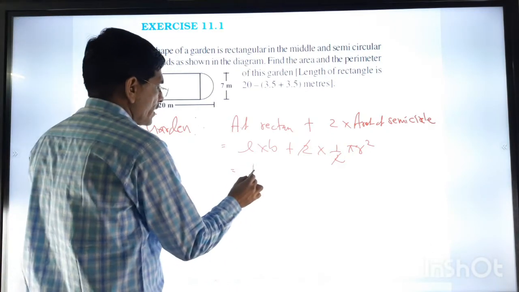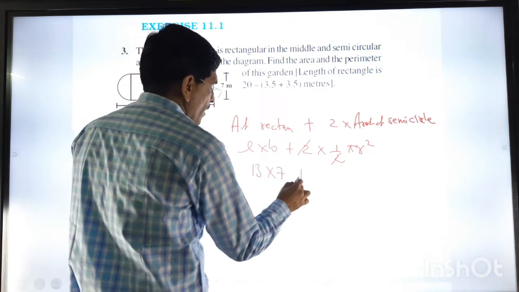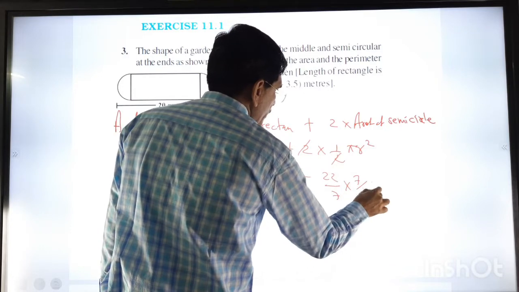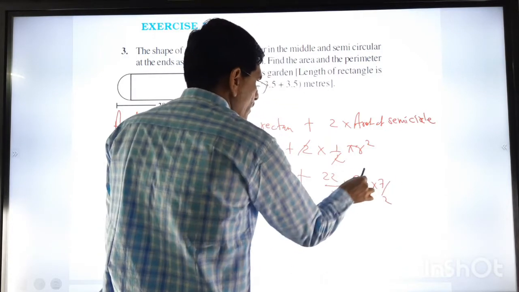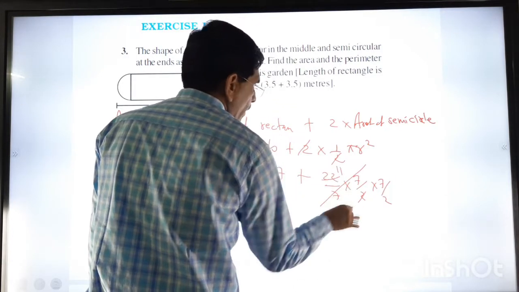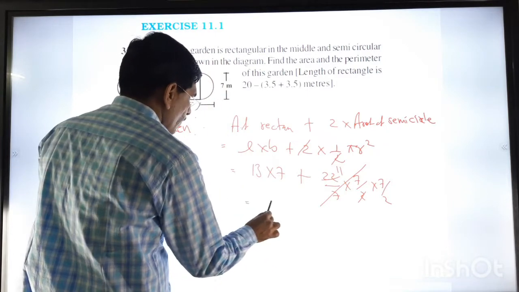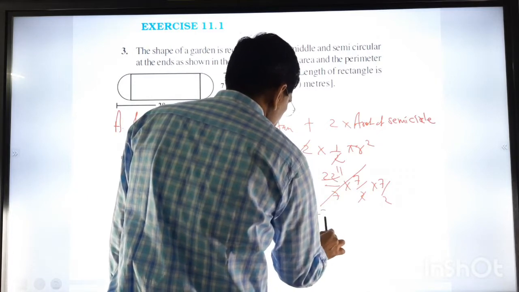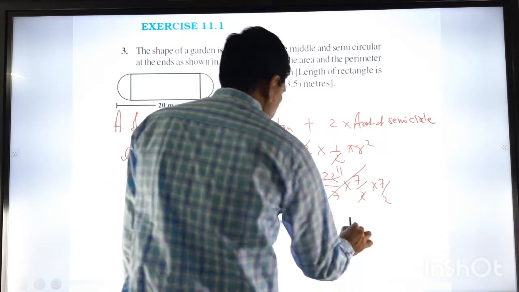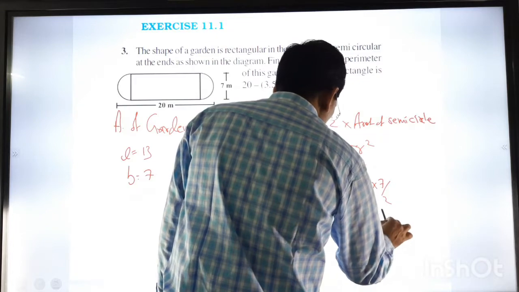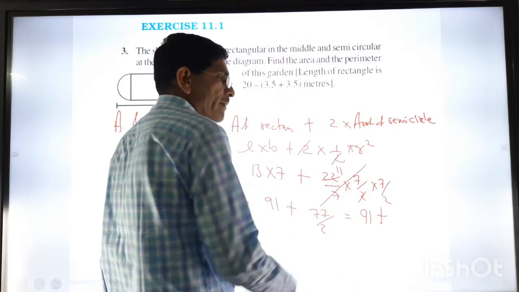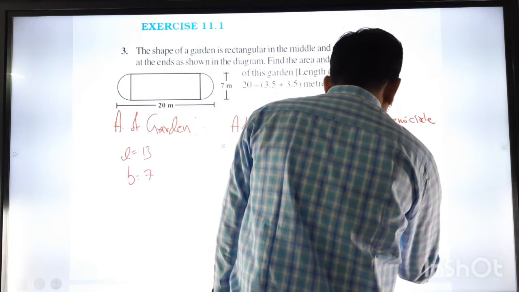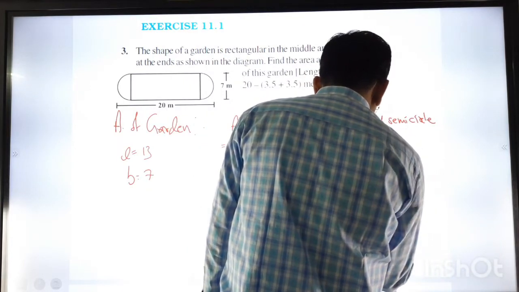So 13 into 7 plus 22 by 7 into 7 by 2 into 7 by 2. This 7 cut, 7 elevens are 77 by 2. So that is 91 plus, if I divide it by 2, 38.5.